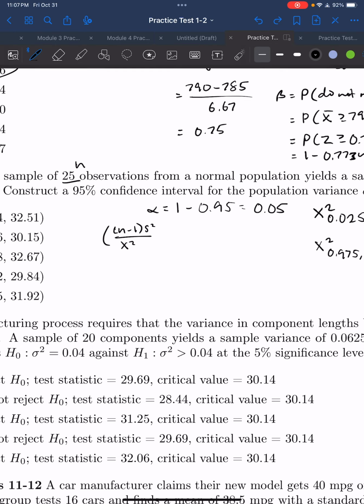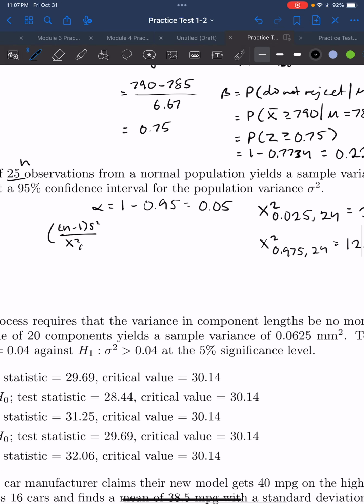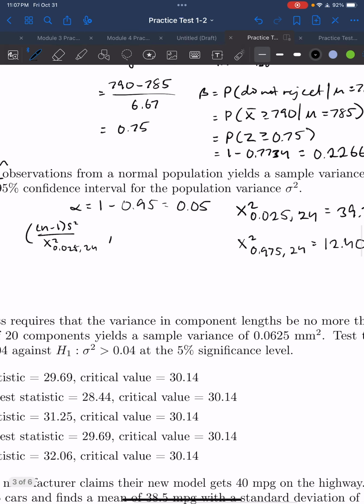So this would be our first chi-square value, so that's 0.025, 24, and we have our second one, which is n-1 s squared, and then our chi-square value, which is 0.975, or our chi-square with our alpha of 0.975, 24 degrees of freedom.